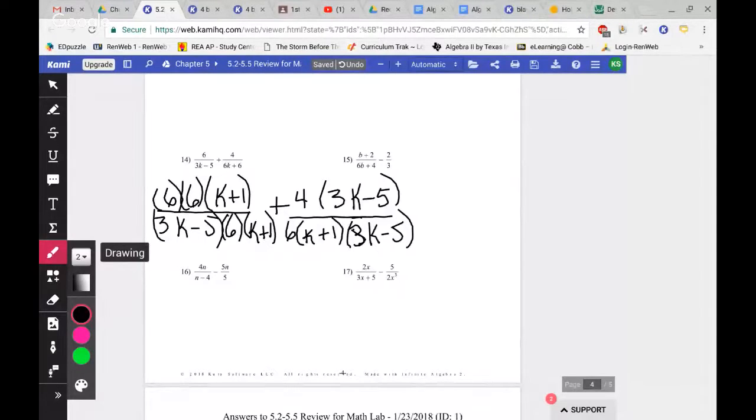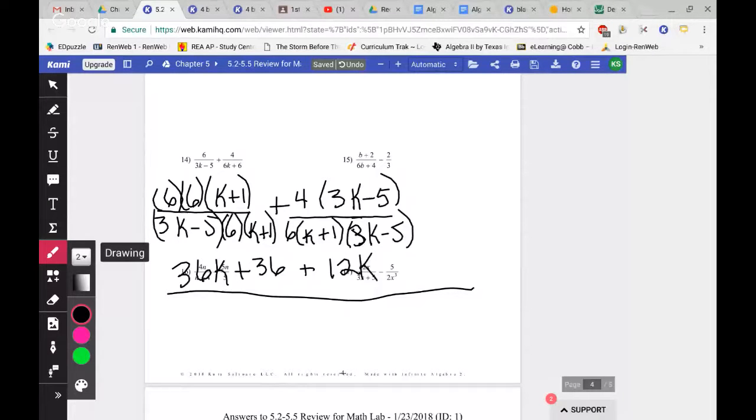And then I have to distribute that 36 to both the k and the 1. So I've got 36k plus 36. And then I'm going to distribute this 4 to the 3k and the 4 to the negative 5, which gives me a negative 20 all over that denominator.